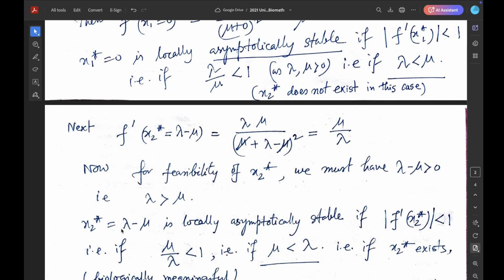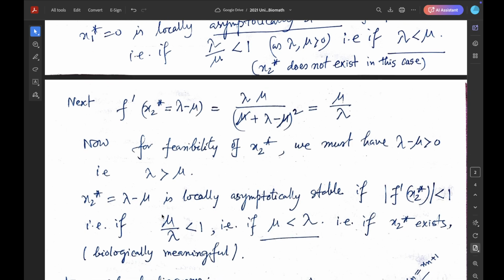So x2 star equals lambda minus mu is locally asymptotically stable if |f'(x2 star)|, that is mu by lambda, is less than 1, that is mu less than lambda. We already found this condition for the existence of x2 star. So when x2 star exists, it is locally asymptotically stable.